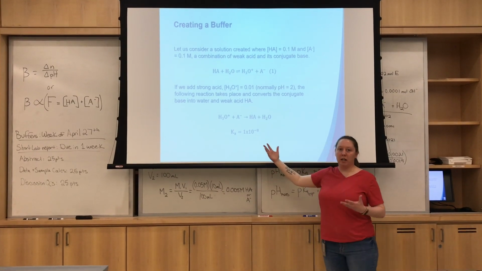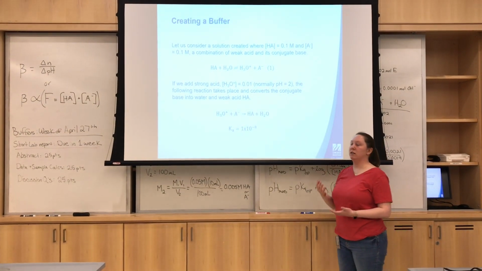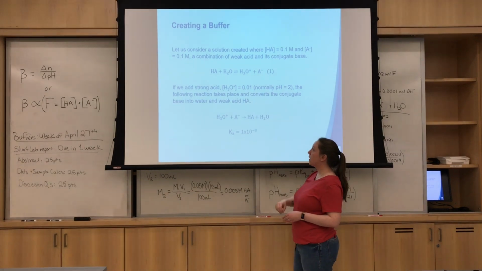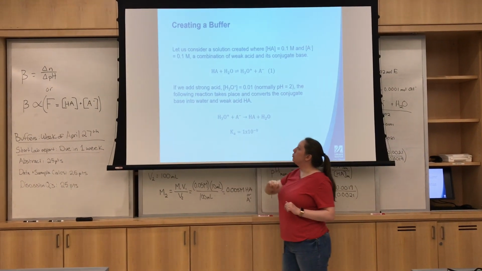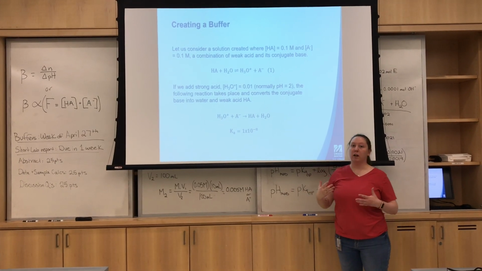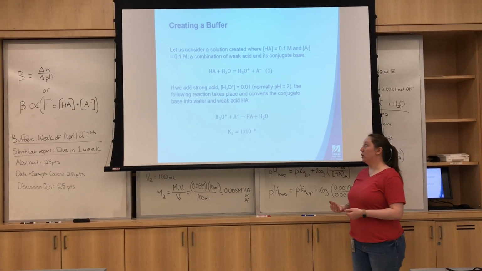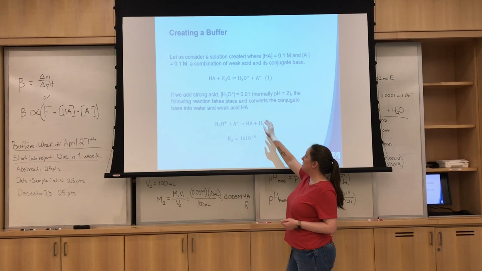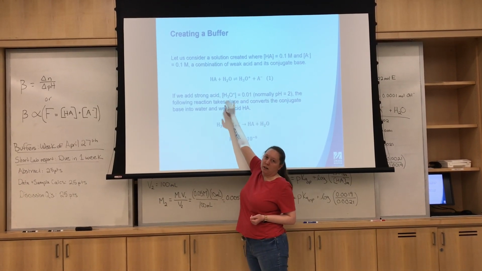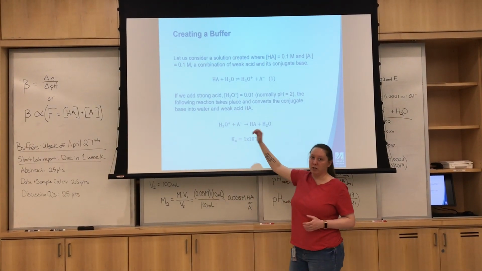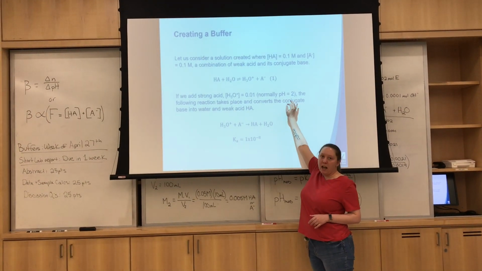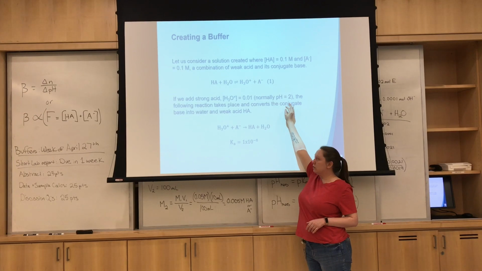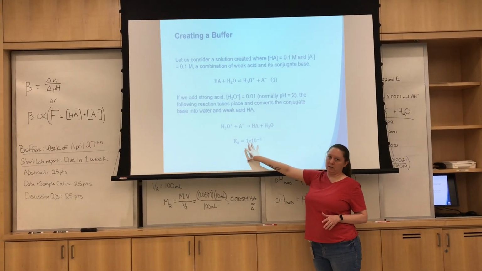So at equilibrium, the pH of that solution is also 8. We are adding 0.01 concentration of H3O plus. So what that means is if you took the negative log of H3O plus, which is the definition of pH, in this case we're adding a pH of 2 to a pH of 8.